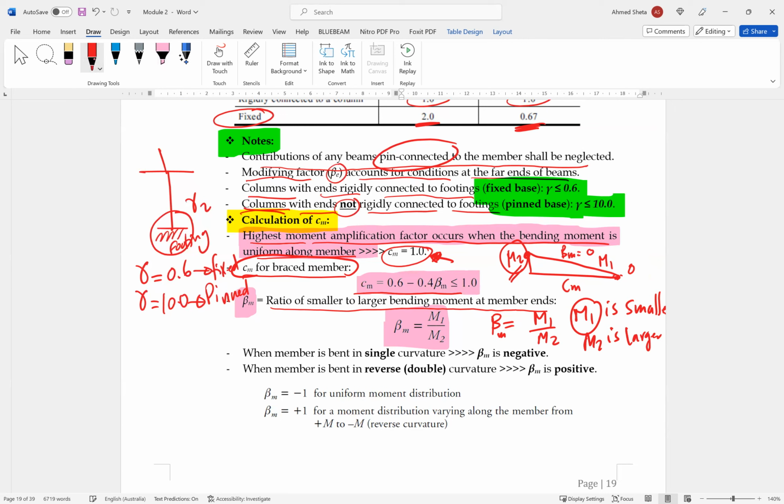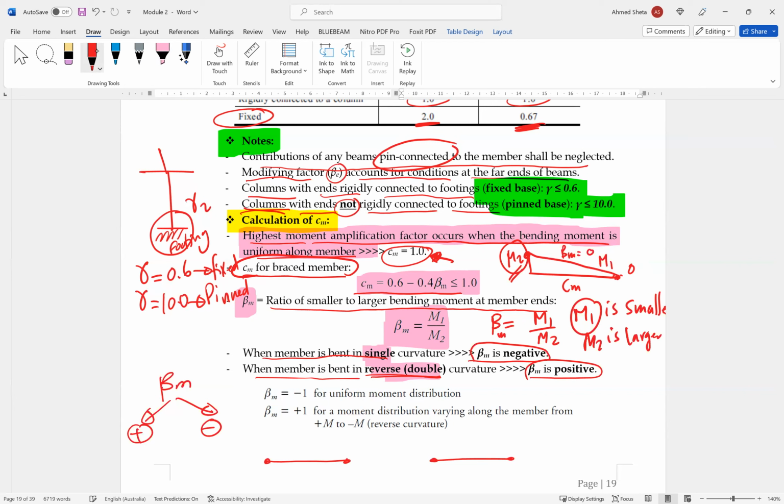Beta M has a sign, it can be positive or negative. When the member is bent in single curvature, beta M is negative. When the member is bent in reverse or double curvature, beta M is positive. So what is the meaning of single curvature or double curvature? These are the two cases we have.